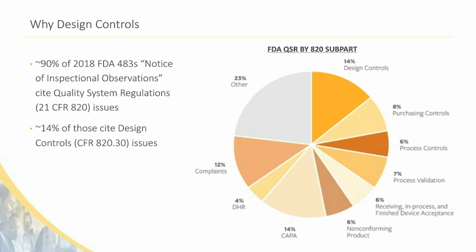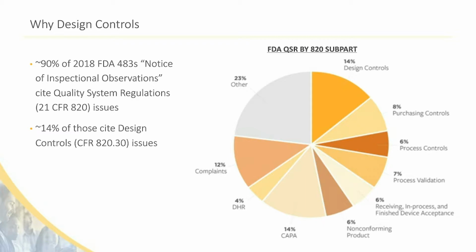To put a finer point on this, think about the impact of these 483s, which is the FDA's lowest escalation level when they do find an issue. Each 483 is published on the FDA website, so the impact can be wide. Physicians, patients, investors, even employees could lose confidence in your ability to execute.